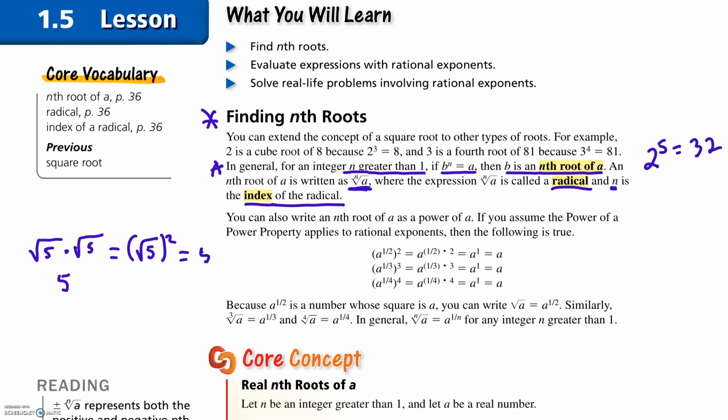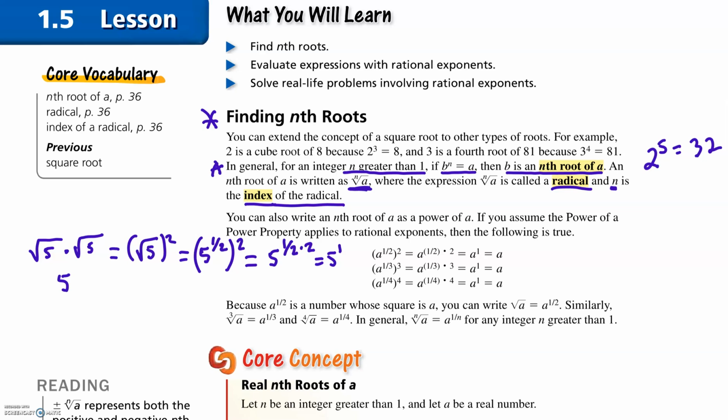But I want you also to think about how multiplication works. If I wrote that square root as a 1/2 power and used the power to a power rule, those exponents would multiply, and I have 5 to the first power, which is 5. So what we're going to need to understand from this section is that a square root is the same as a 1/2 power.